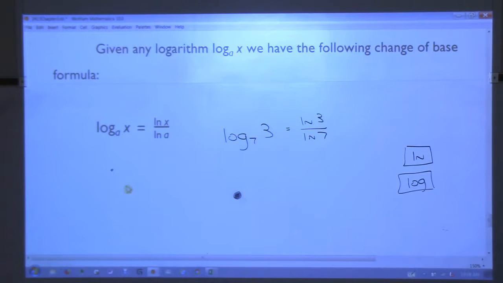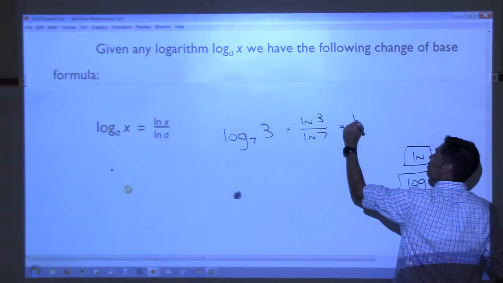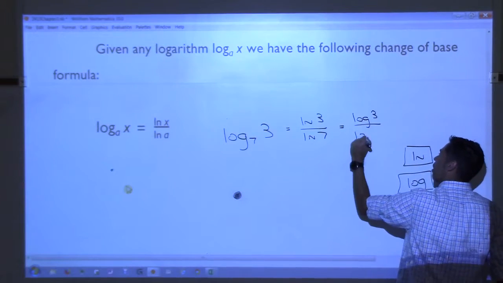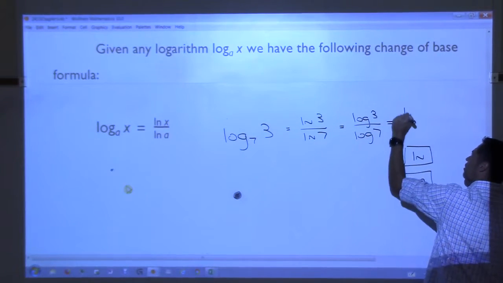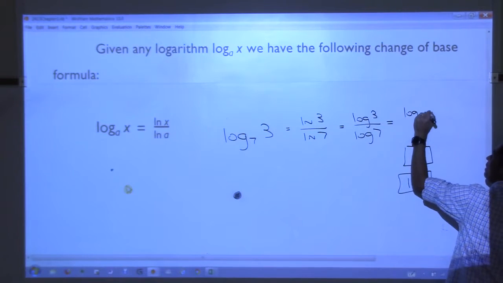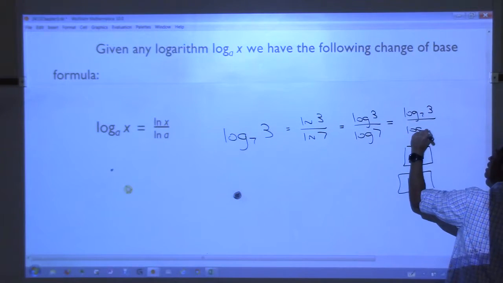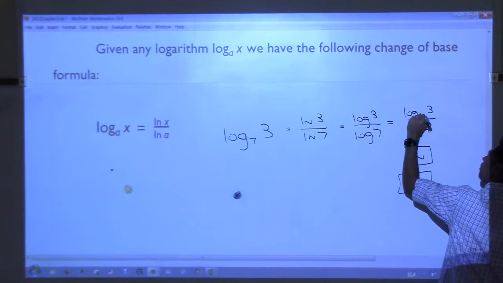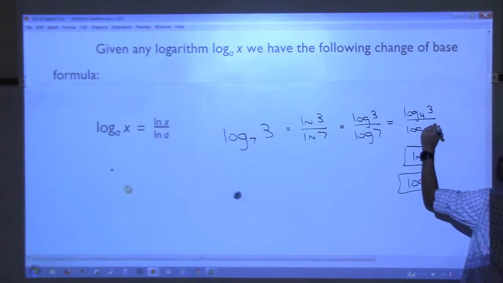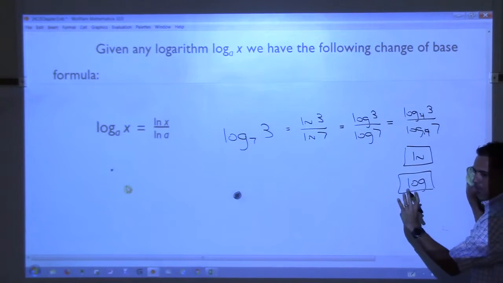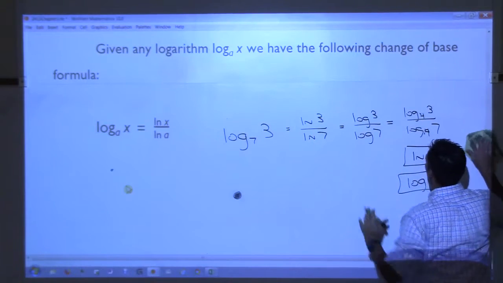The formula also works if you do log 3 over log 7. You could actually do log base anything, say 4. It doesn't matter what log you use, but to make it simple, I'm just going to say natural log.